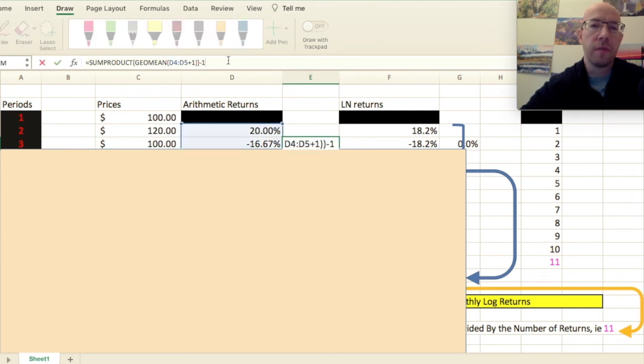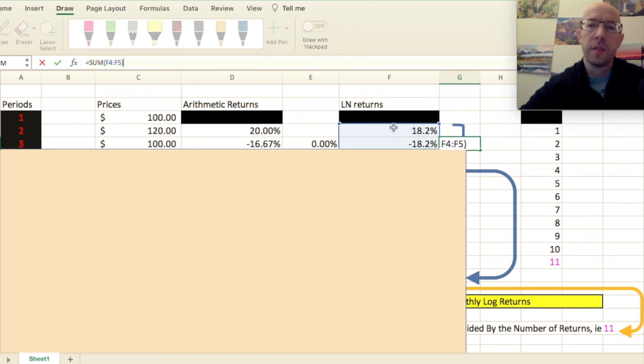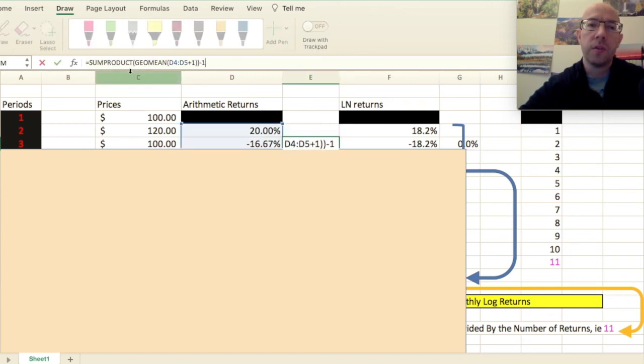And if we use the right formula, we can still use our arithmetic returns and end up with the right number. We can also do that with log returns, as we saw here. You just sum these two together. Positive 18.2% plus a negative 18.2% is also going to give us 0. The point is that you are not required to use log returns as long as you're able to use the sum product, open parentheses, geomean, open parentheses, the array plus 1, double close parentheses, minus 1.